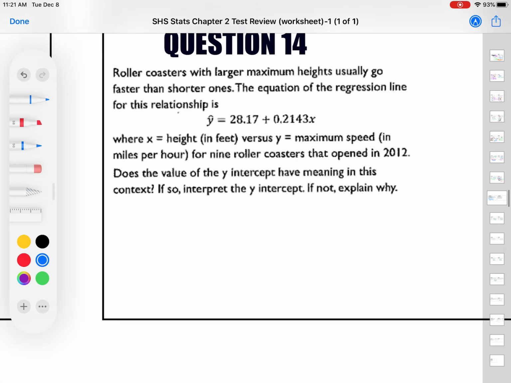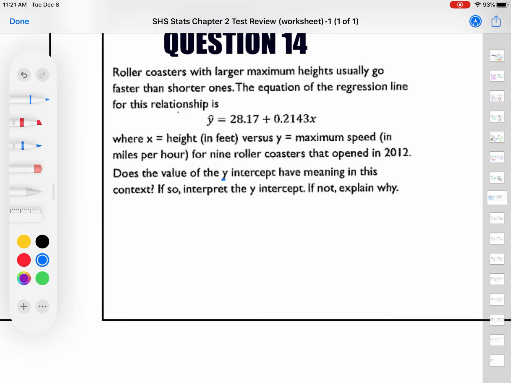All right, question number 4. What does the y-intercept mean? And remember, this is the y-intercept because it has no number. So again, a y-intercept is when basically your x value is 0 and you have some kind of number.